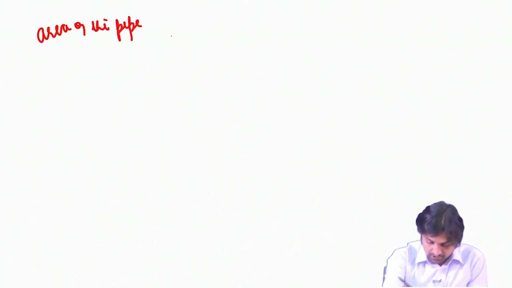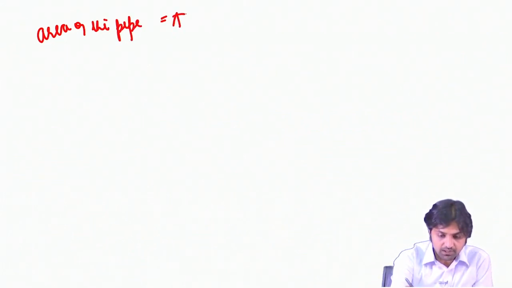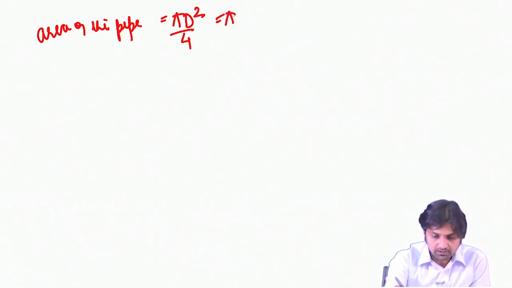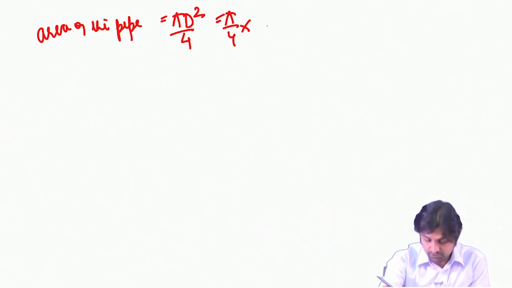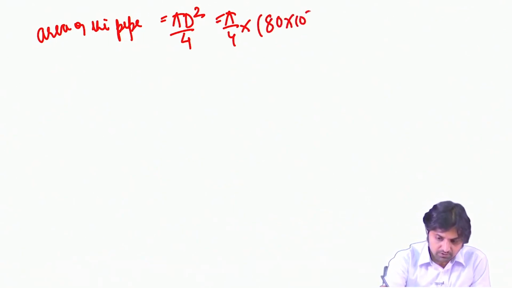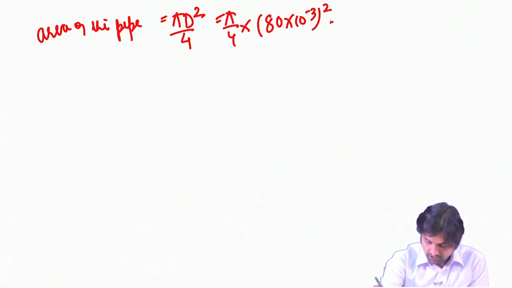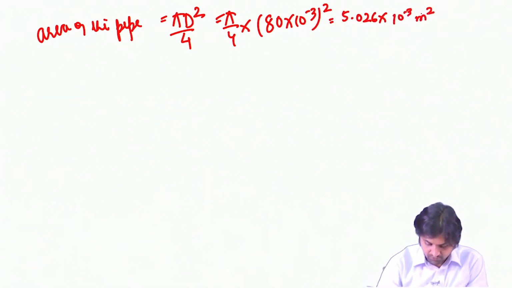Now, calculate the area of the pipe. Area of the pipe is pi d square by 4, and that is pi by 4 into the diameter 80 into 10 to the power minus 3 squared, and this gives us 5.026 into 10 to the power minus 3 meter square.